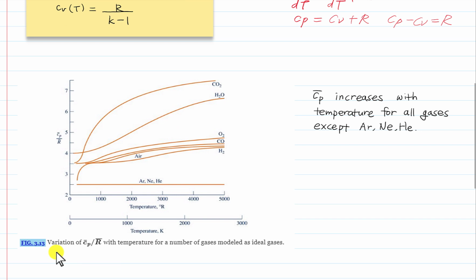The specific heat is a function of temperature. Figure 3.13 shows how the constant pressure specific heat changes with temperature. It increases with temperature, but the specific heat for monatomic gases such as argon, neon, and helium remains constant.